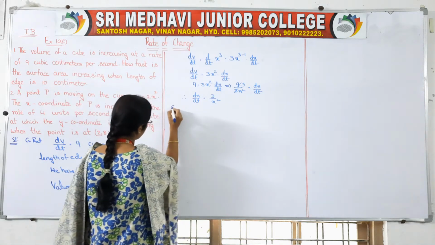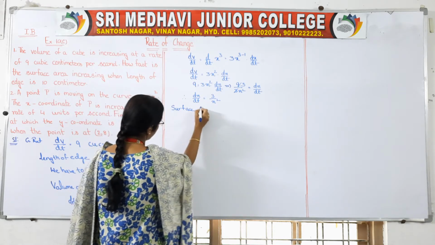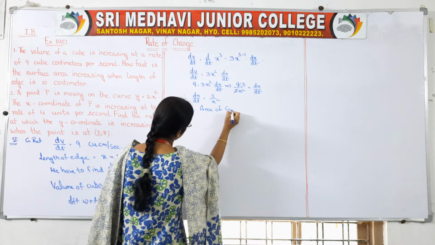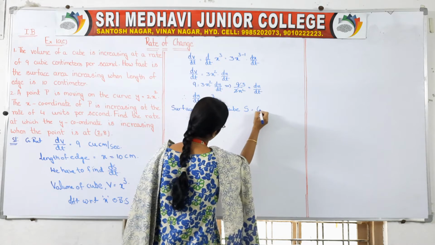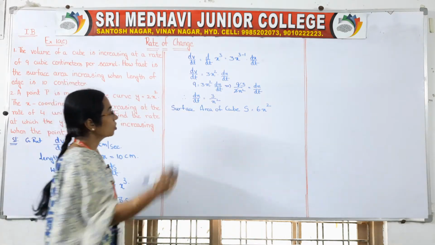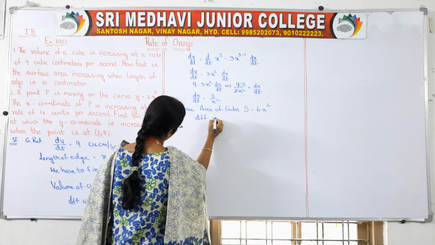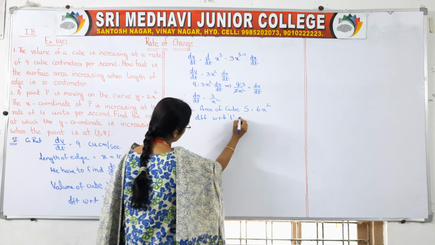So take the surface area of the cube, right? We have to take the surface area of the cube. S is equal to 6x square. Okay, so differentiating with respect to t on both sides.